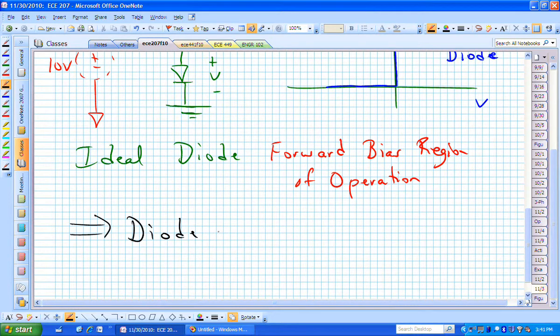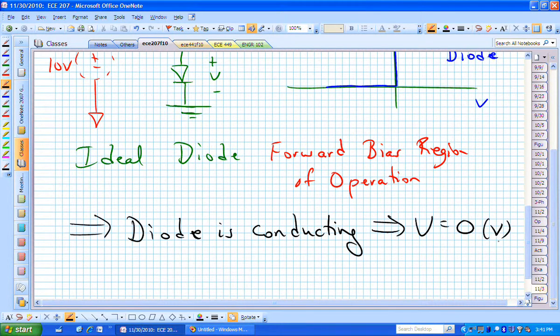the diode is conducting. This is now a one-way valve, and it allows current to flow through that diode, and we have 0 volts dropped across it.